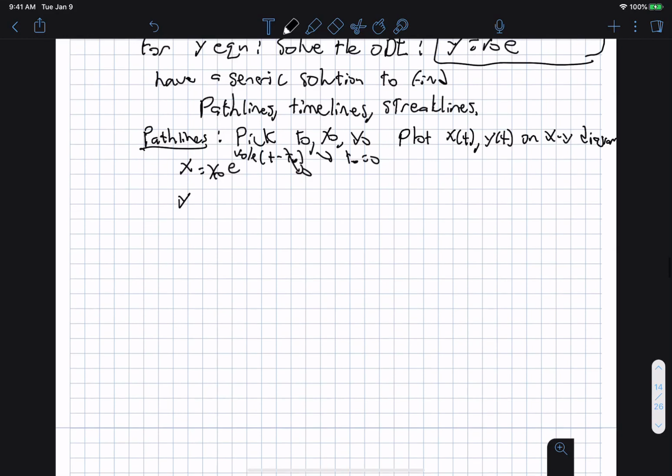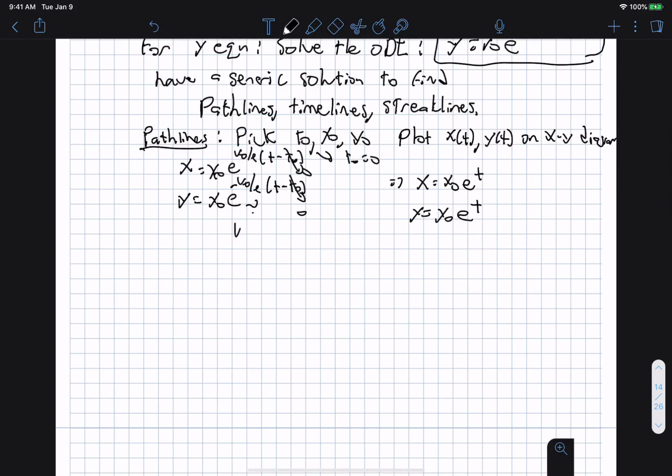And we have y equals y naught e to the minus v naught over L times t minus t naught. Again, we are releasing the particle at time equals 0, so t naught is 0. And so this implies that for our path line x equals x naught e to the t, and y equals y naught e to the minus t.